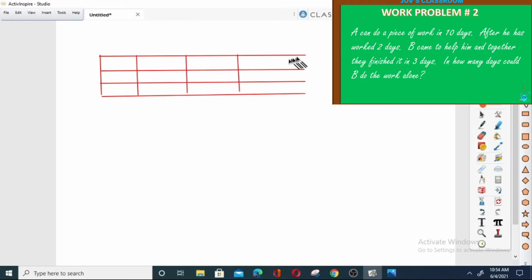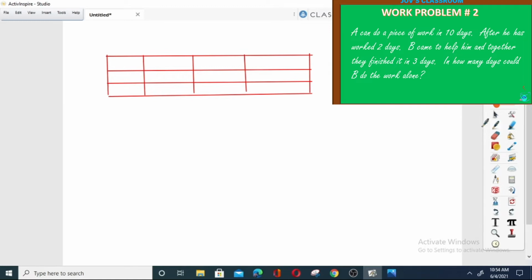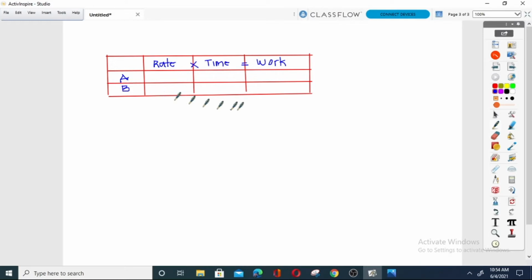This is for the time, and this is for the work done. So this is the rate multiplied by the time, and this multiplication is equal to the work. This is worker A, and this is worker B.